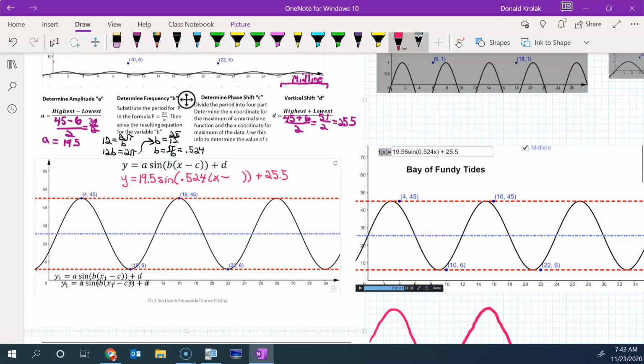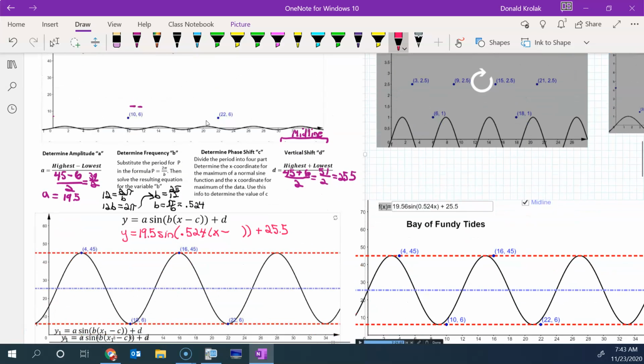All right, the last point to get is the phase shift. We take the period and divide it into 4 parts. We know our period is 12 hours, and 12 divided by 4 is 3.